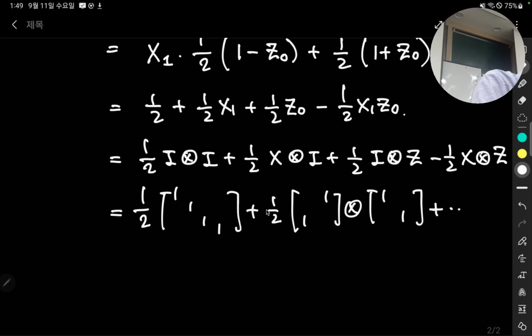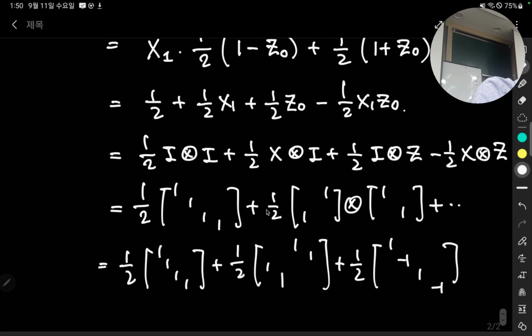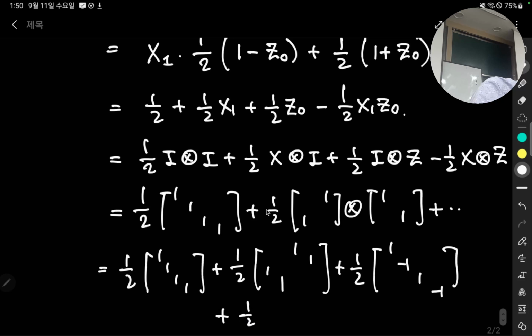So the rest of the part is here. 1, 1, 1, 1, and the second one is now 1, 1, 1, 1. See what it means? It's a 4 by 4 matrix, but the identity matrices are in the off-diagonal position, like this. And how about the third one? You get 1, minus 1, 1, minus 1. Then what's the next? 1, minus 1.